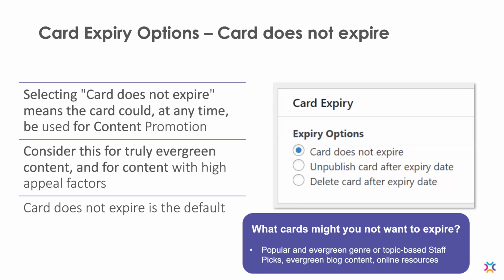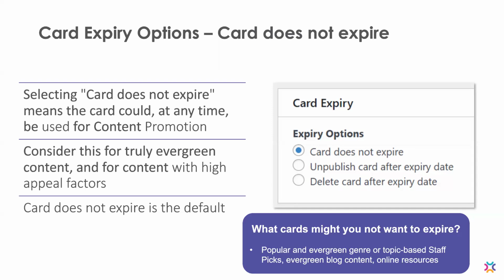Now, card does not expire is the default, which means the card could at any time be used for content promotion. So for evergreen cards, the card does not expire. Standard cards, you might set to card does not expire, but let's say you only want to keep a staff list active for 5 years.